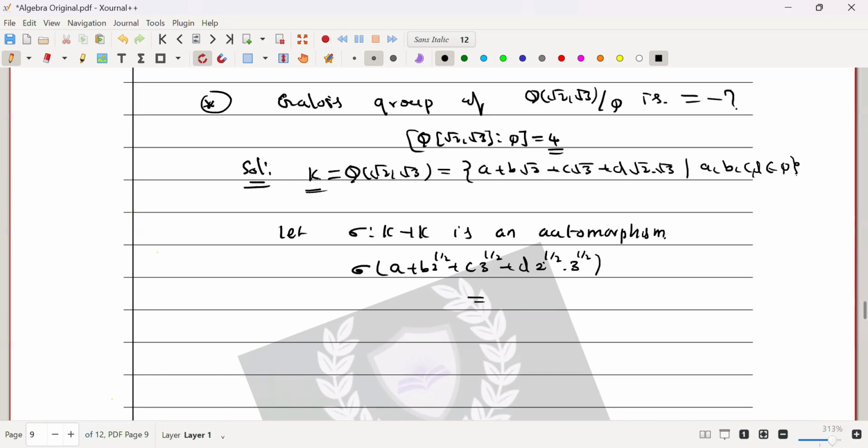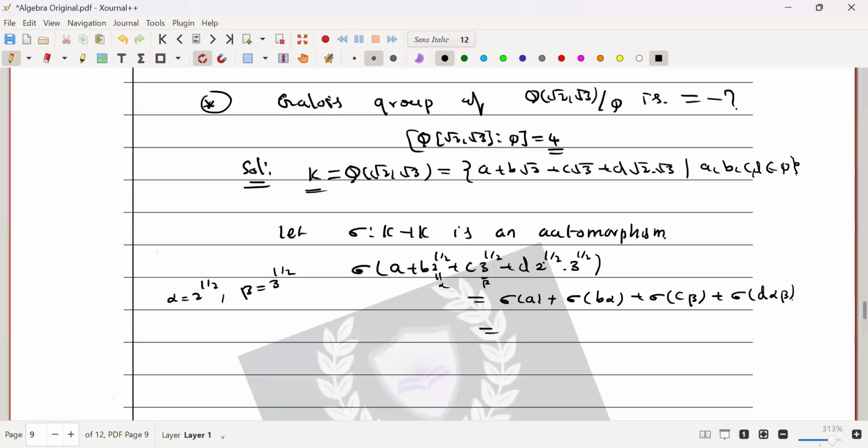So this is equal to sigma of a plus sigma of b alpha plus sigma of c beta plus sigma of d alpha beta, where let alpha be 2 power 1 by 2 and beta be 3 power 1 by 2.